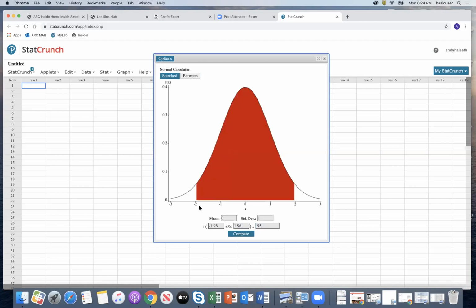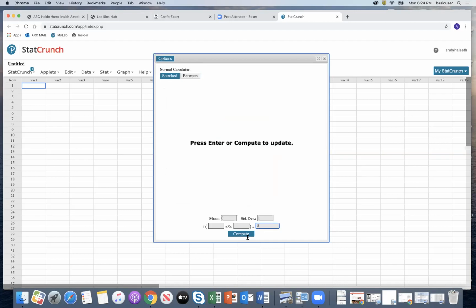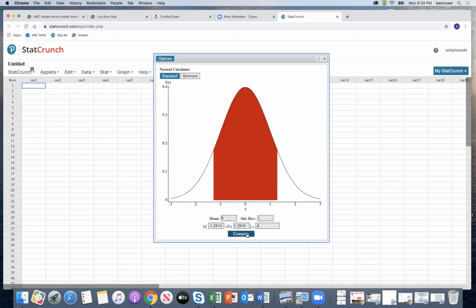It's giving me this z and this z, negative 1.96 and 1.96. Okay, so not too bad. I'm going to do that last one. I would just put in 0.8, and I got negative 1.282 and positive 1.282.